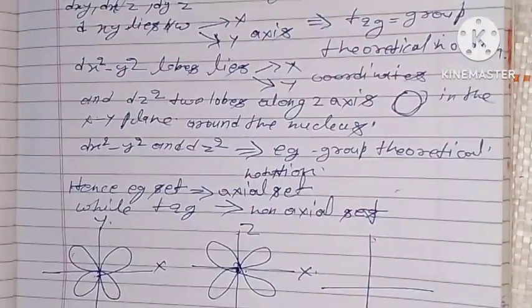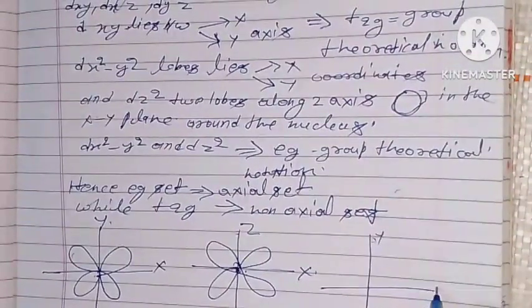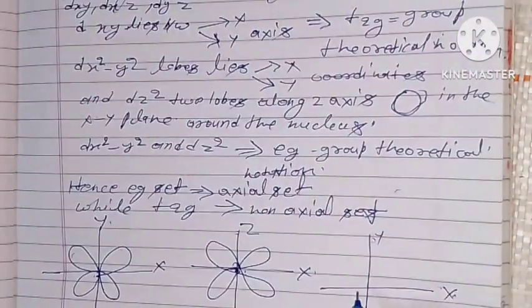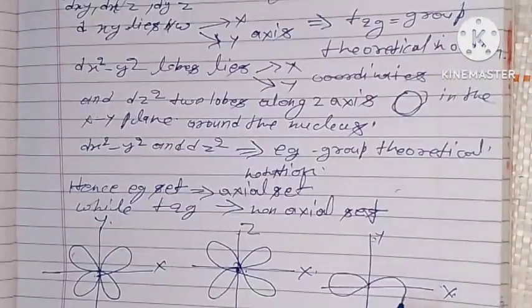Dx square minus y square: this is the y-axis, this is the x-axis.